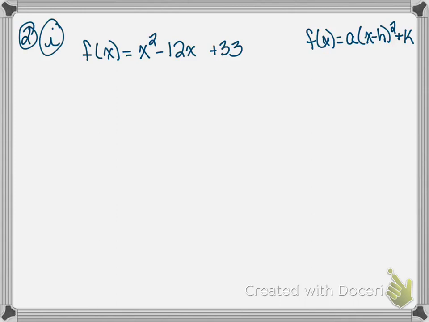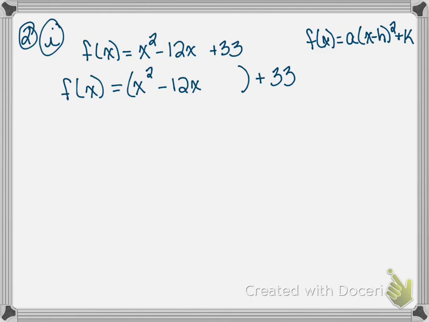So what we have to do is separate our function. I have x squared minus 12x. That's what I'm going to work with to get the x value of my vertex. And I'm going to move my plus 33 over here. Now, for this particular problem, we do not have an a factor that we have to pull out, and so this is a good one to start with. So I am going to put this in parentheses.